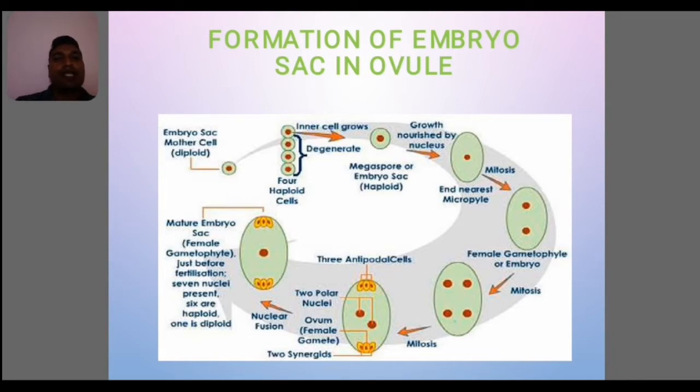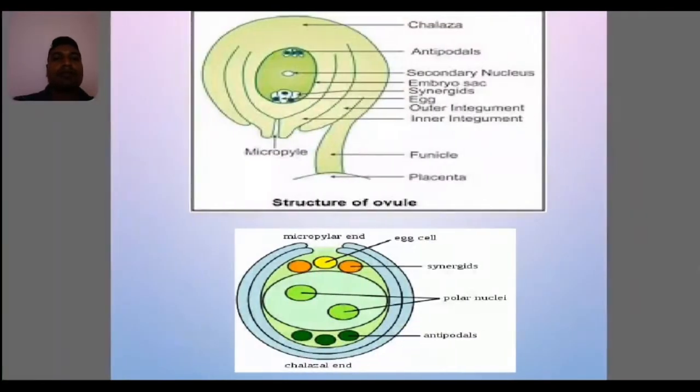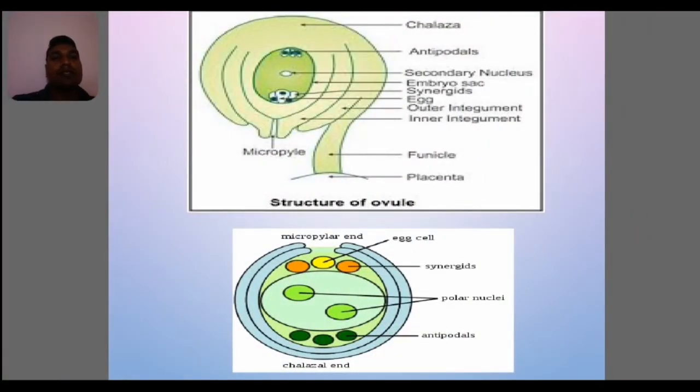So in that mature embryo sac, there will be 3 antipodal cells, 1 ovum, 2 synergids, and centrally the polar nucleus, which is diploid in nature. So when we speak about the structure of the ovule, there is the secondary nucleus, the antipodal cells, the synergids, and one egg cell.